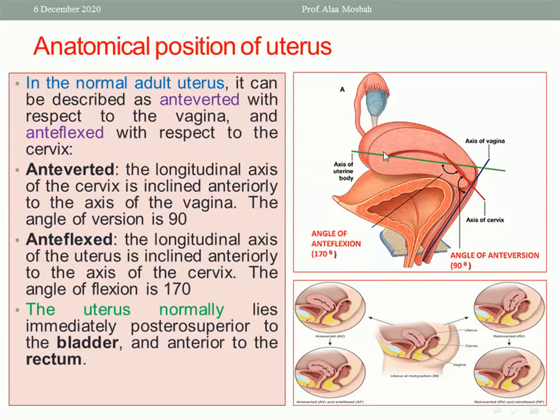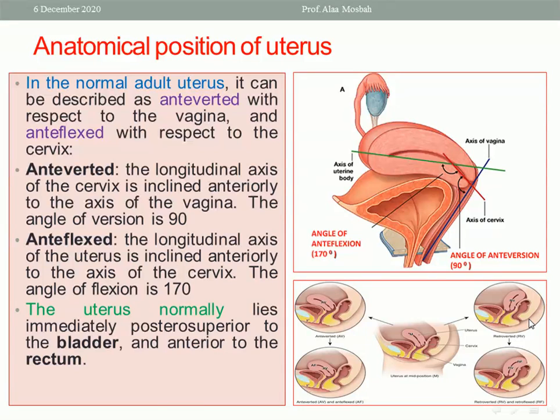85% of females or more are anteverted anteflexed, but 10 or 15% of females have a retroverted flexed uterus, as in this picture. The uterus is pointed backward towards the sacrum, and there are 3 degrees of RVF, retroverted flexed: grade 1, grade 2, grade 3, according to whether the fundus is directed towards the sacral promontory, the sacral concavity, or the tip of the sacrum.